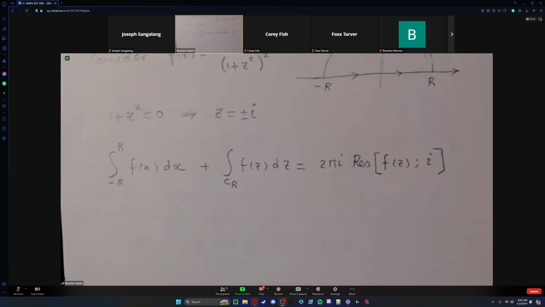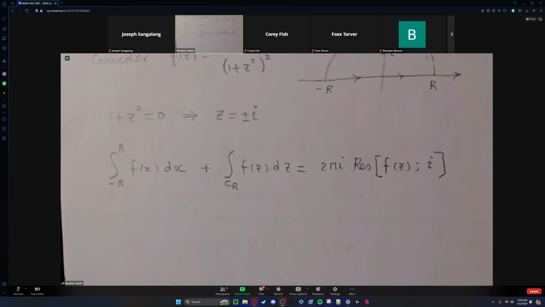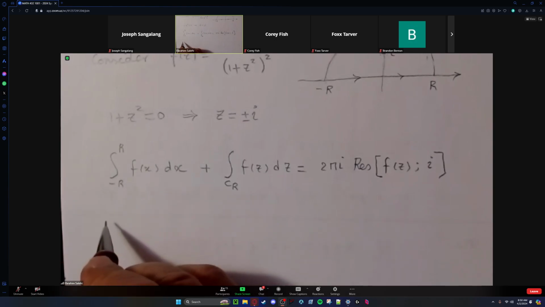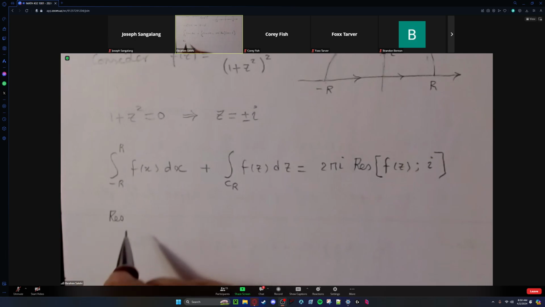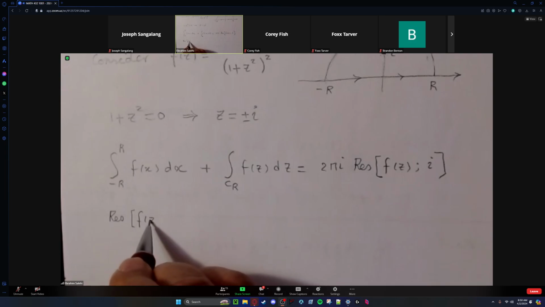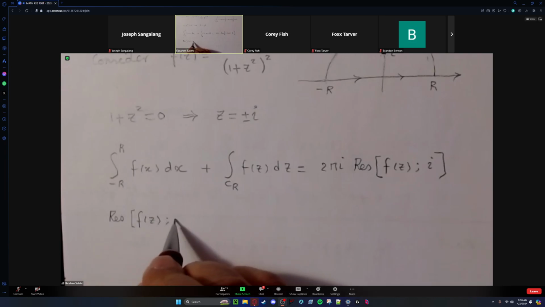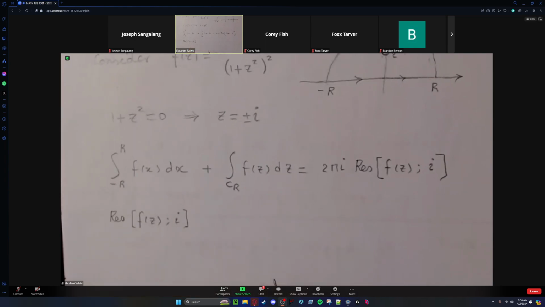Residue of f of z at this point i is a pole of order 2.